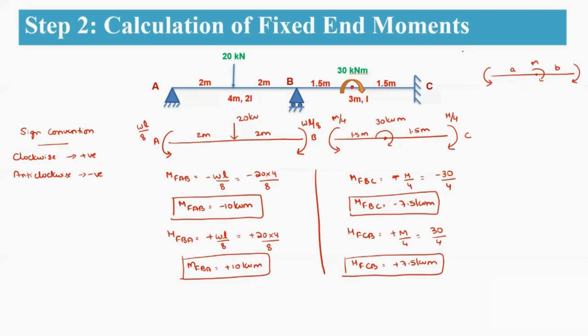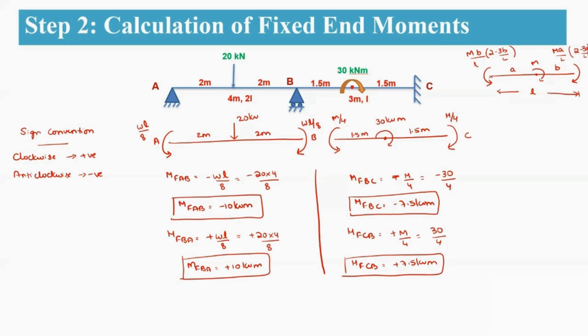So those moments will be equal to, so total span will be equal to L. So here the moment formula will be, for one end, M B by L into 2 minus 3B by L. And here this moment will be equal to M A by L into 2 minus 3A by L.